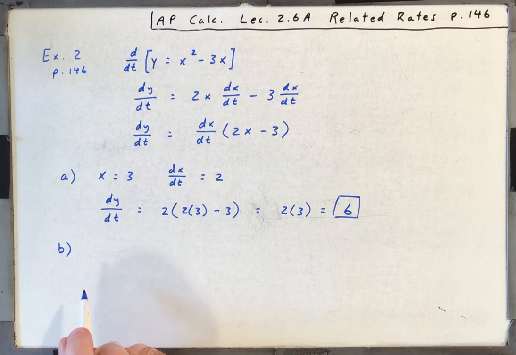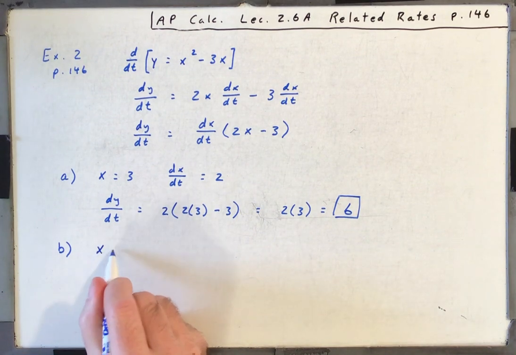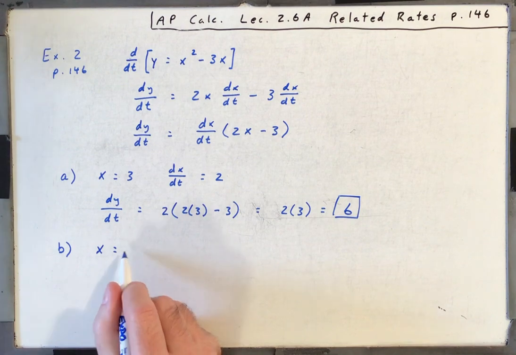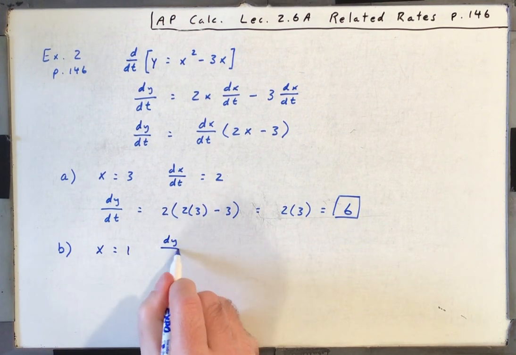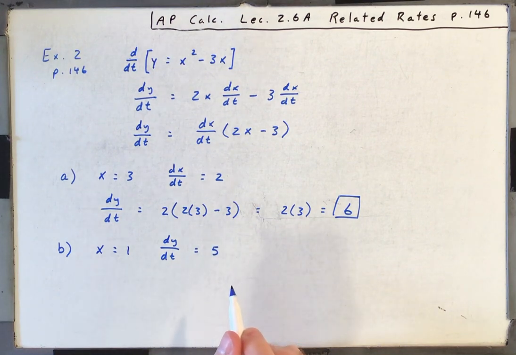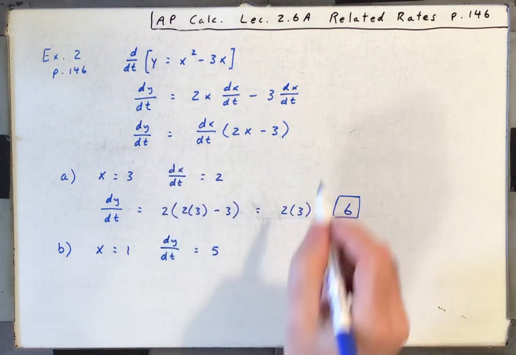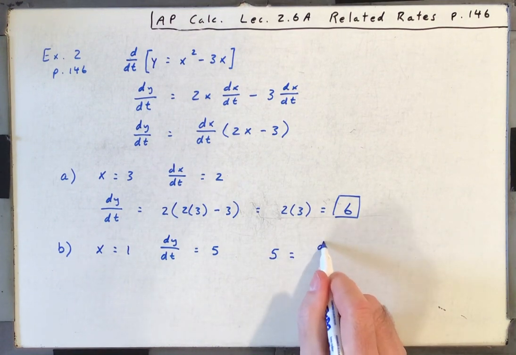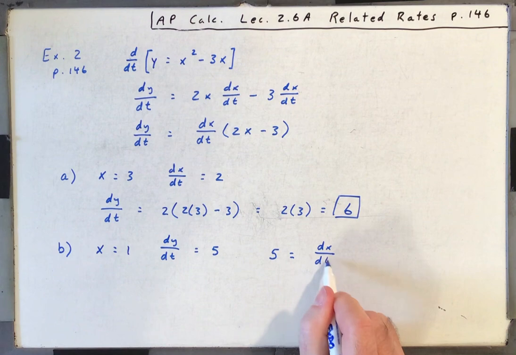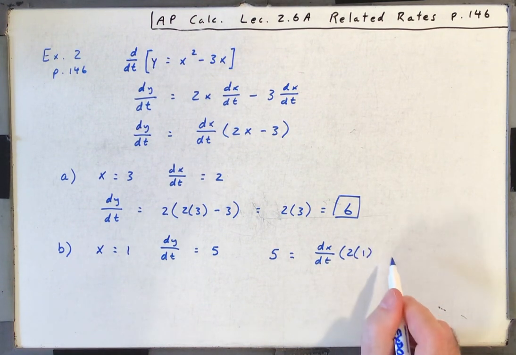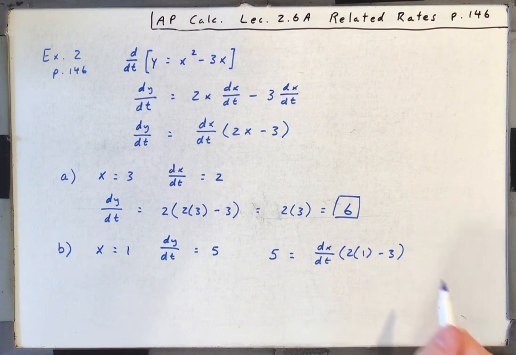All right, part B, we want to find dx/dt. x is 1, and dy/dt is equal to 5. All right, so plugging in here, we would have 5 is equal to dx/dt, what we're solving for, times 2 times 1 minus 3.